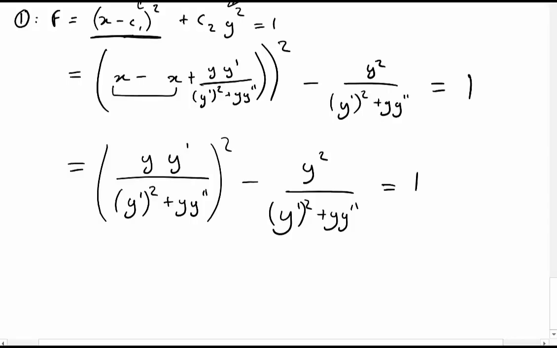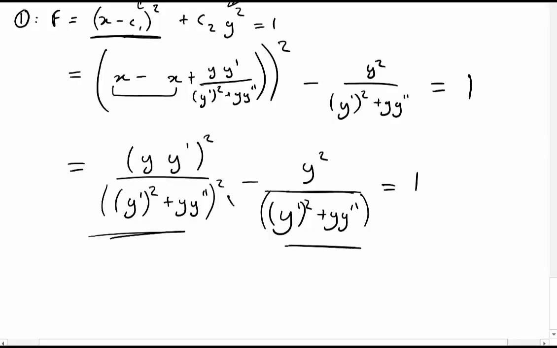Well, first things first, I want to deal with this square bracket here. This squared means the top squared over the bottom squared, so I can rewrite that as the top squared over the bottom squared. The bottom of this fraction is exactly the same as the bottom of this fraction here, just raised to a different power.